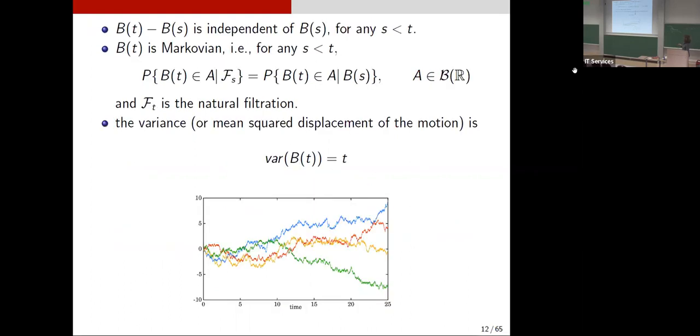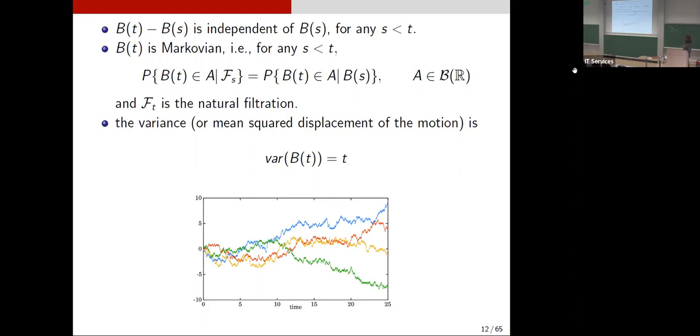So some very well-known facts about Brownian motion. In particular, the increments of Brownian motion are independent when they are taken over non-overlapping intervals, so on disjoint intervals.